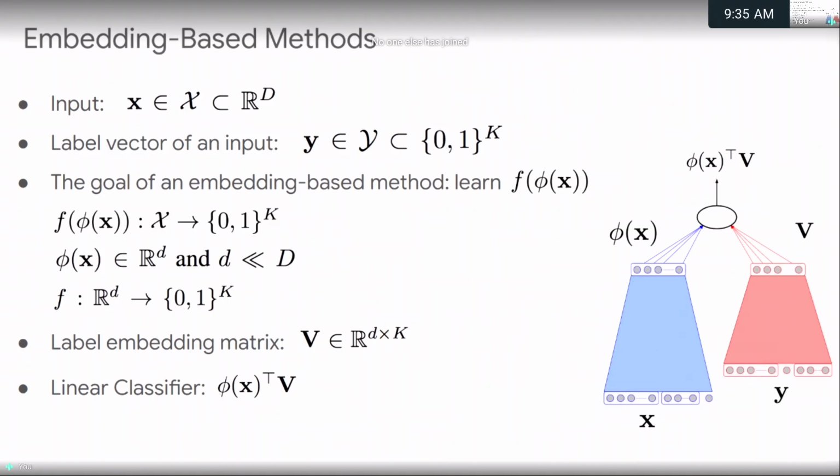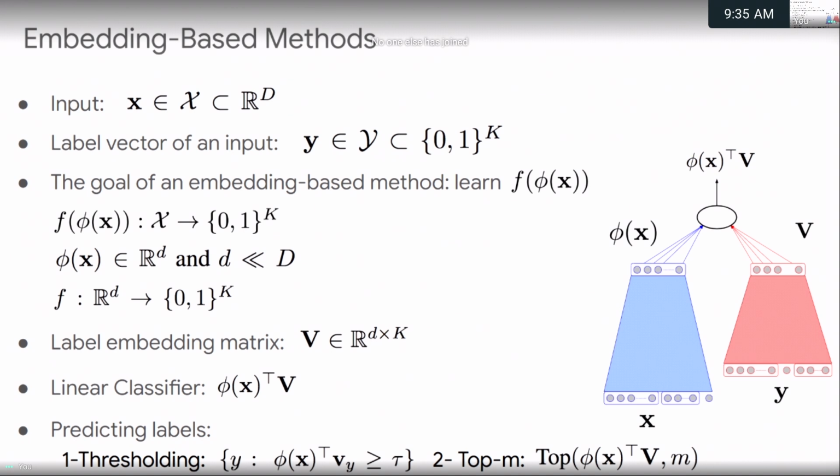But in reality, it's just the inner product of the embedding vector of the input and the embedding vector of the label, which gives you a single scalar, a single number. Now, how do we do this classification then? There are two ways. One way is that once we do this inner product, if the result is larger than a certain threshold, then we say that this label corresponds to this input.